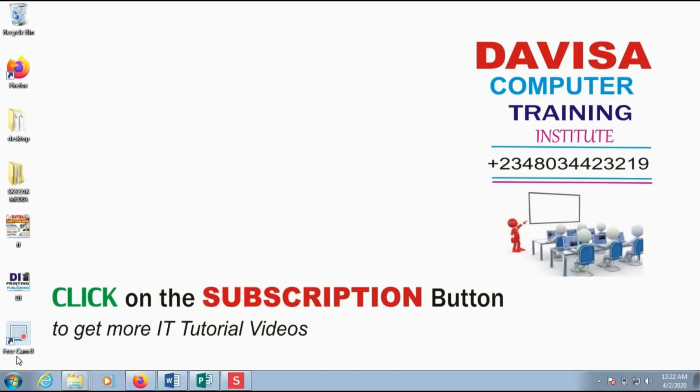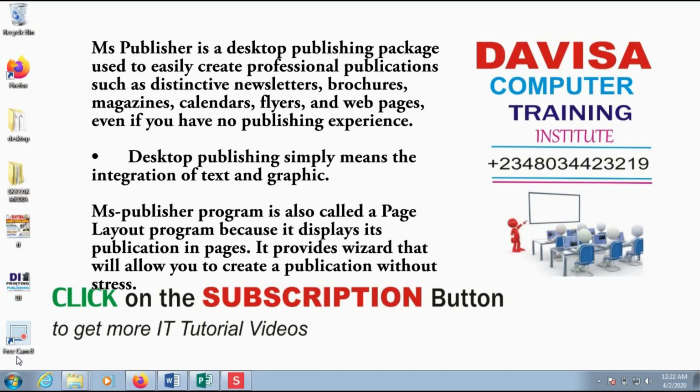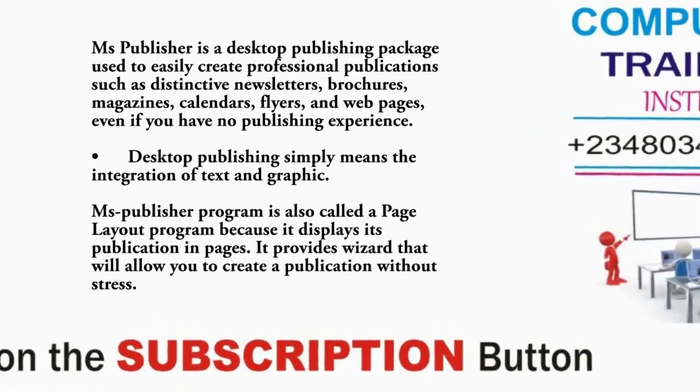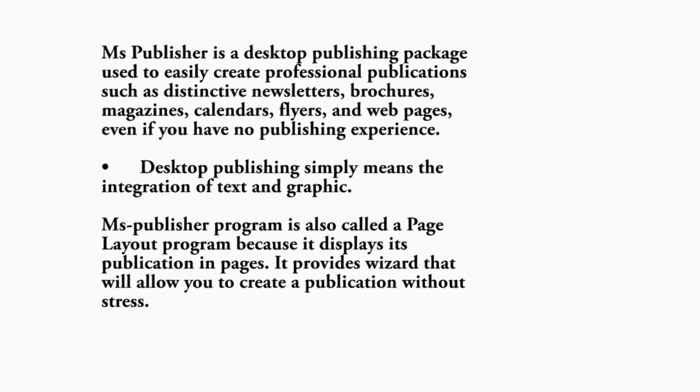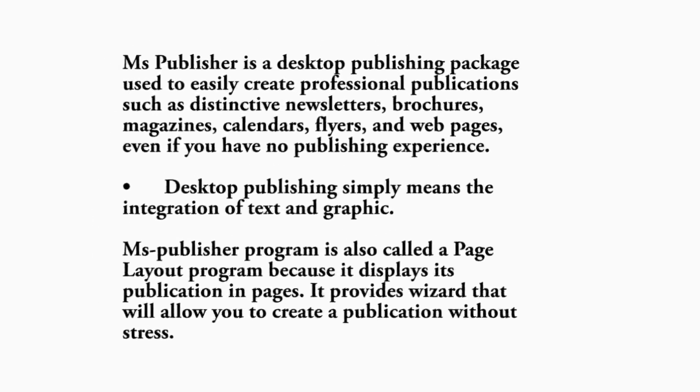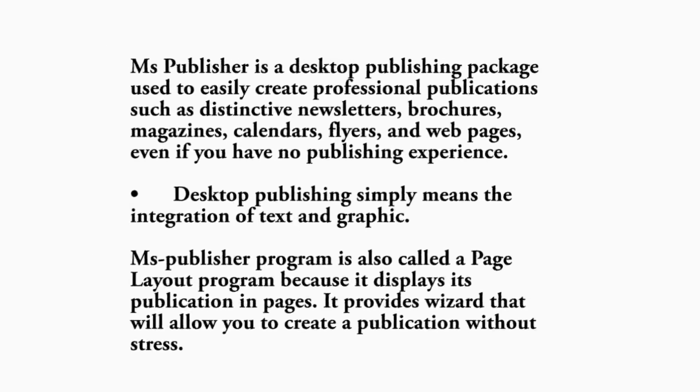Alright, let's go straight to the definition of Microsoft Publisher. MS Publisher is a desktop publishing package used to easily create professional publications such as distinctive newsletters, brochures, magazines, calendars, flyers, and web pages, even if you have no publishing experience.